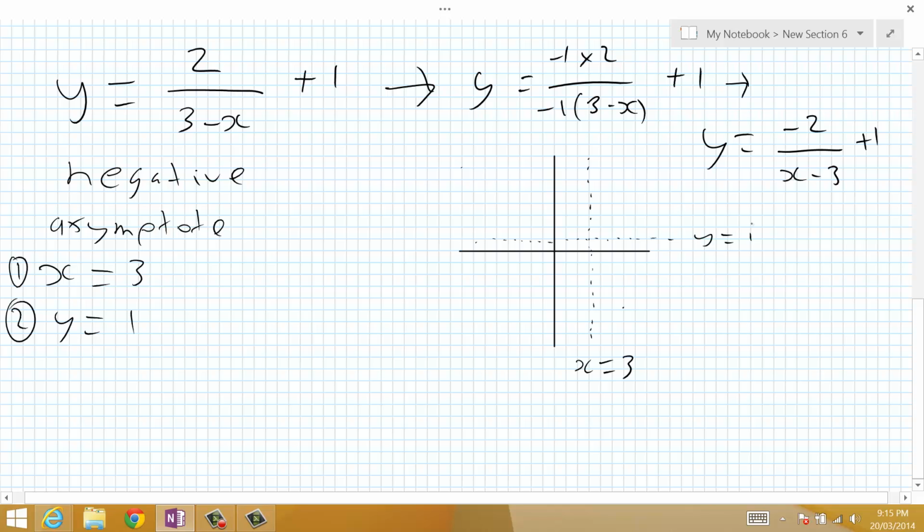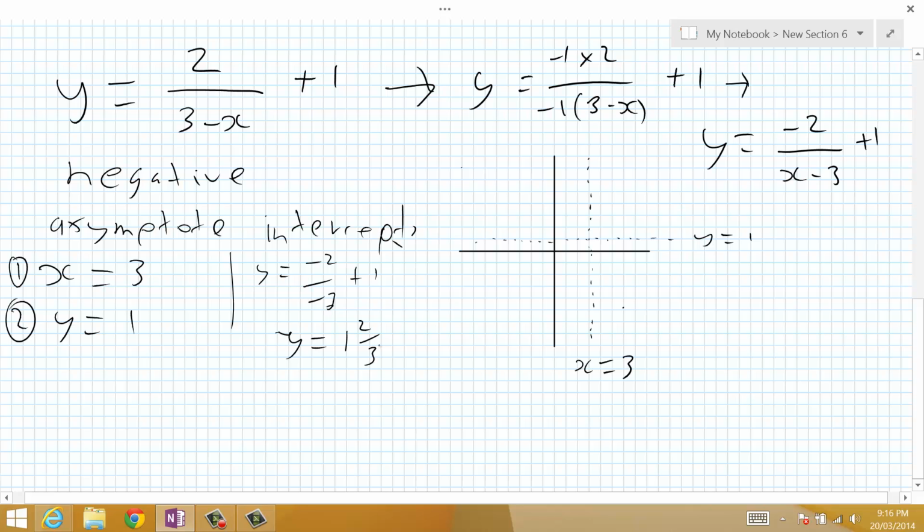To determine where it cuts the axis, first of all we set x equal to 0, so we get the equation y equals minus 2 over minus 3, plus 1, which means that y is going to equal 1 2/3.